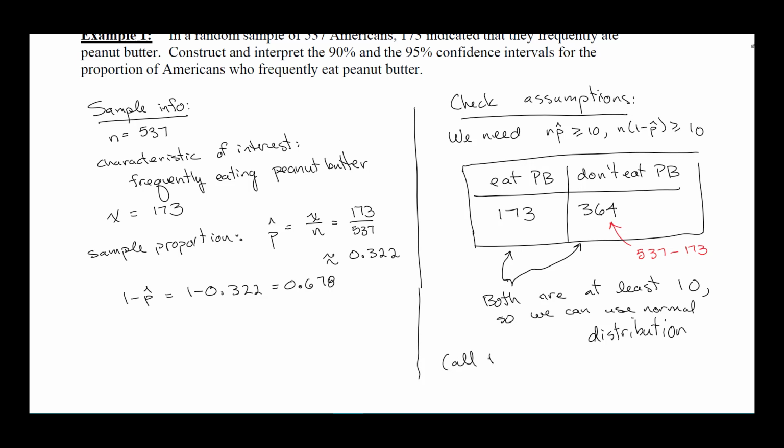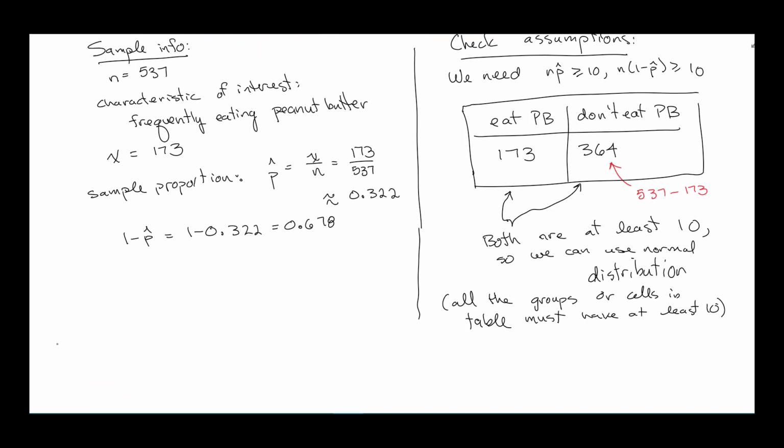All the cells in the table must have at least 10. When we go on and do a hypothesis test on two proportions, we're also going to make a little table, and all the cells in the table are going to have at least 10. It's going to be the same thing, we'll just have a bigger table. Okay, so that's how we check that one.